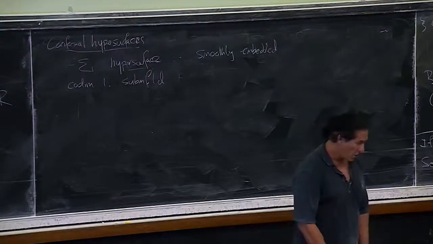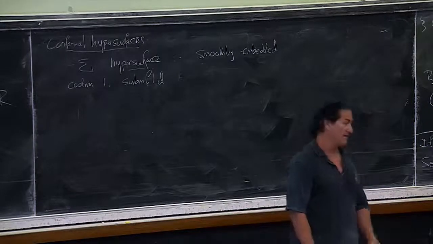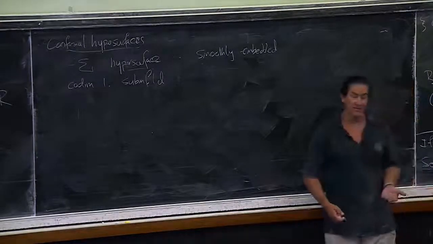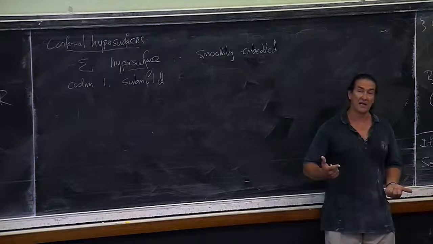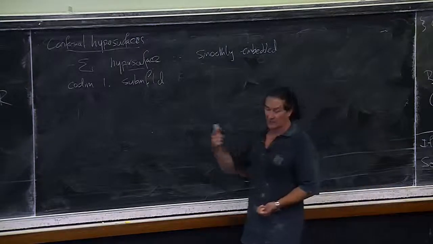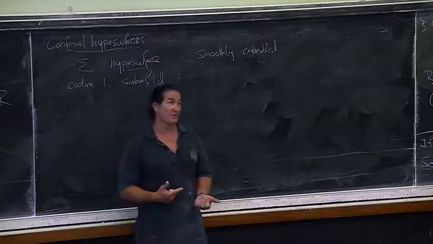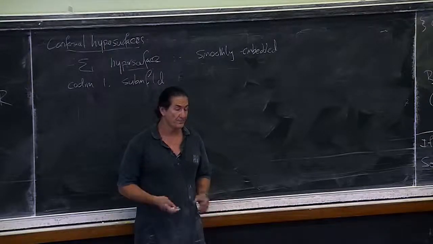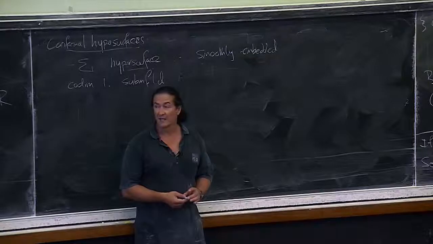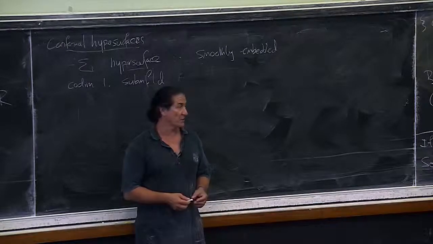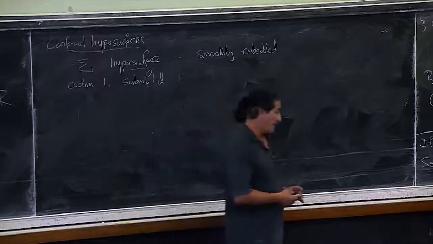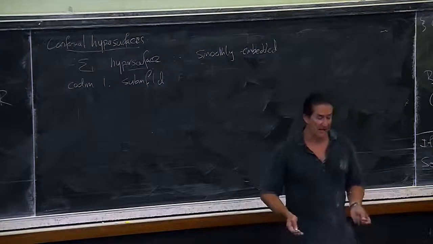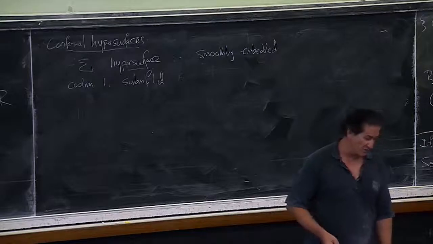Okay, so what I want to do in the next lecture is use this technology to study the relationship between the conformal structure on the conformal infinity to the geometry on the interior, on the bulk. And in particular, for instance, to the conformal geometry on the bulk. Part of what's involved with that is understanding how to deal with hypersurfaces in general.